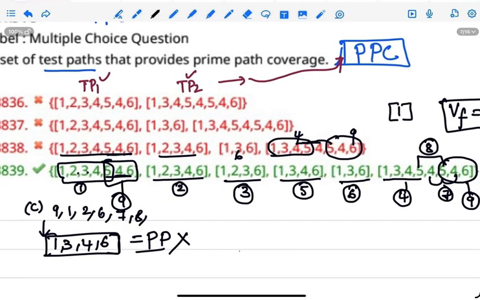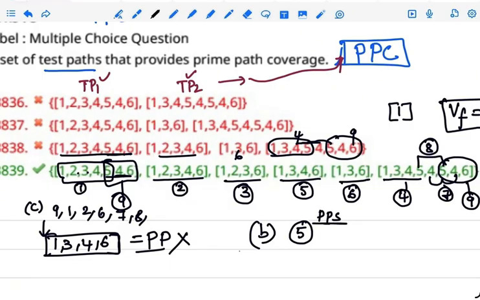In option B, the same prime path 5, 1 3 4 6, is also not covered. These prime paths are not covered. 1 2 3 4 5, okay. 5 4 6 is there. 9 is also covered. 2 is not covered. 1 2 3 4 6 is not there.